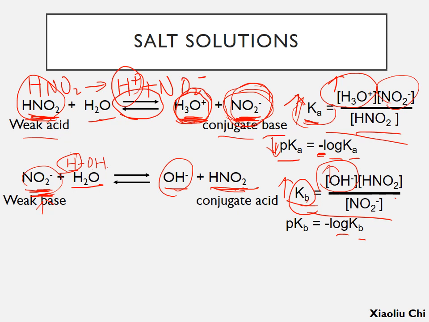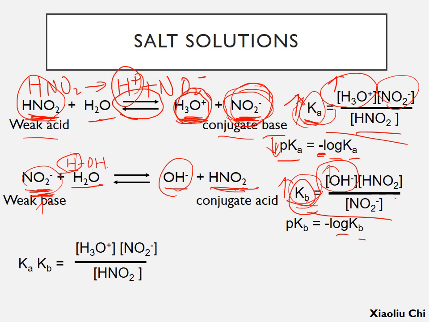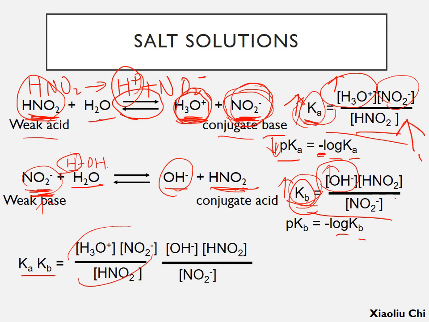Now, if we combine Ka and Kb together, Ka multiplied by Kb. This is Ka, and multiplied by Kb is this one. All right, and you will see that the weak acid cancels out, and the conjugate base also cancels out. So what we have is just hydrogen ion multiplied by hydroxide ion.